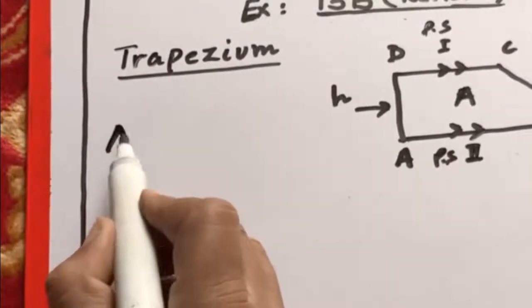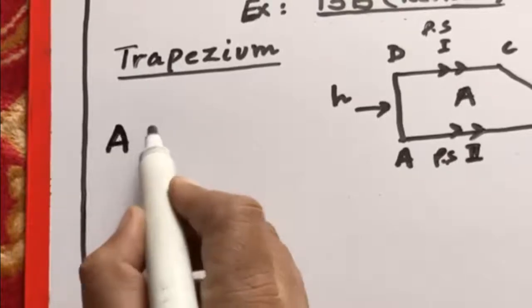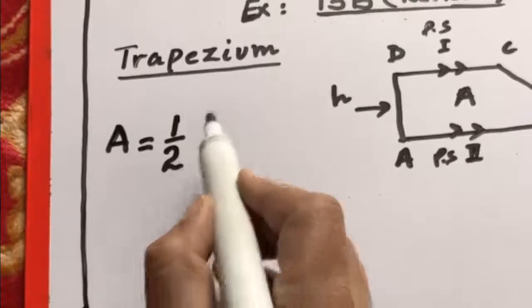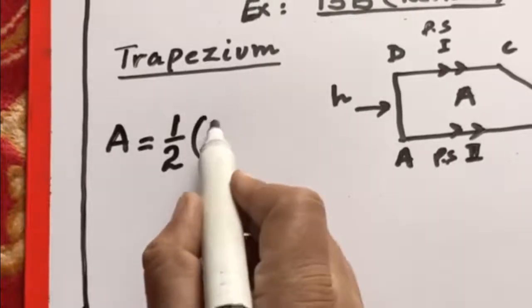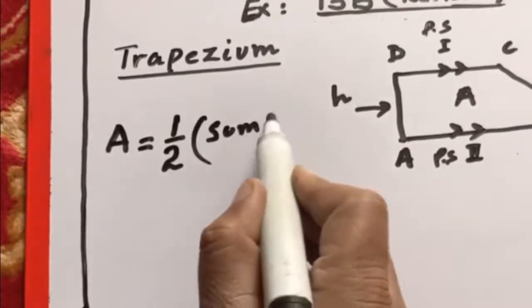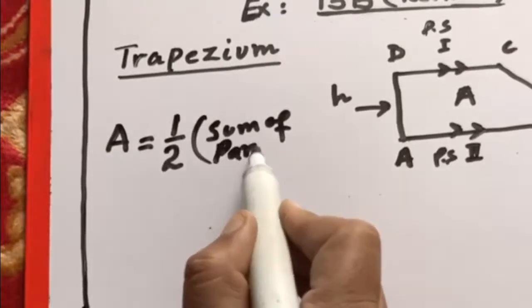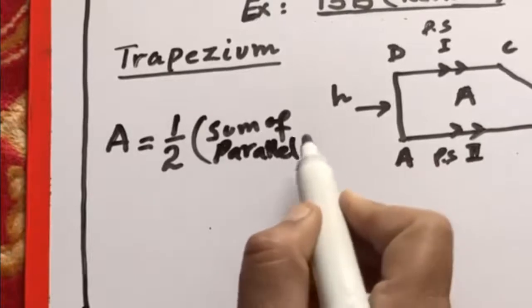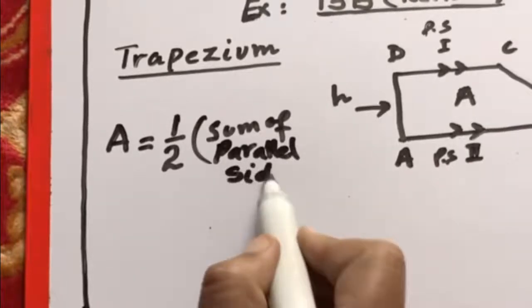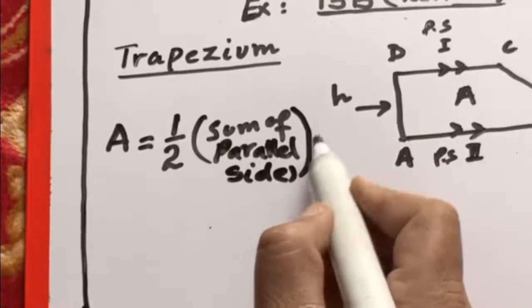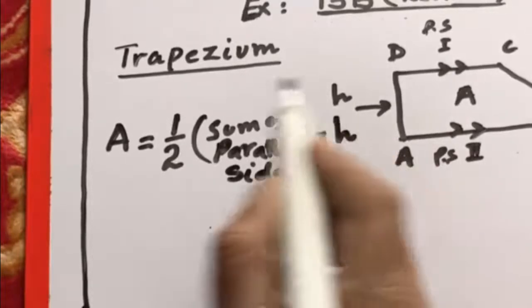We represent the area of a trapezium as A, and the formula is 1 over 2 into sum of parallel sides multiplied by height.